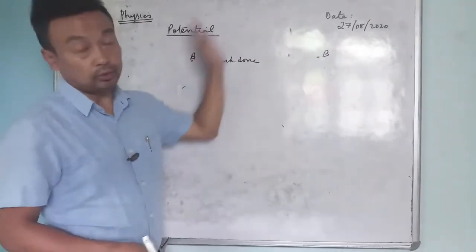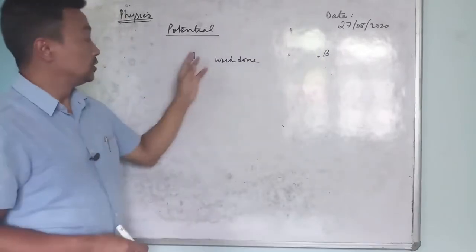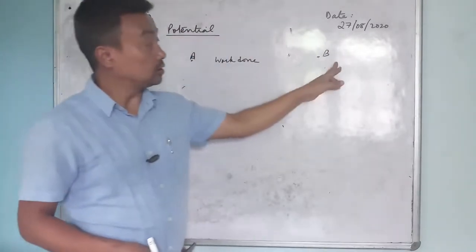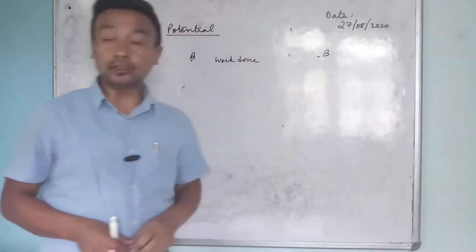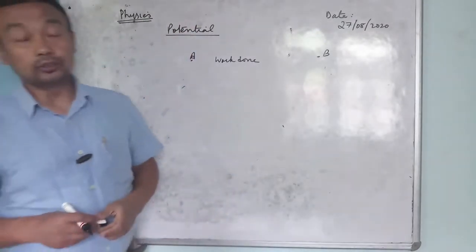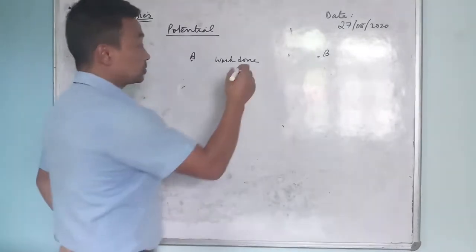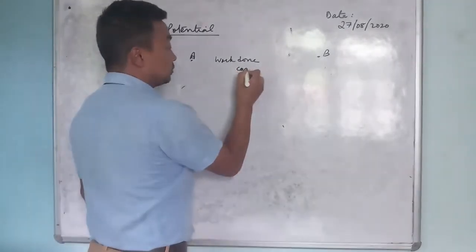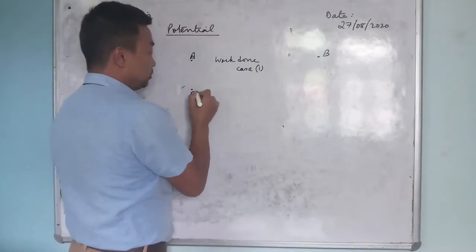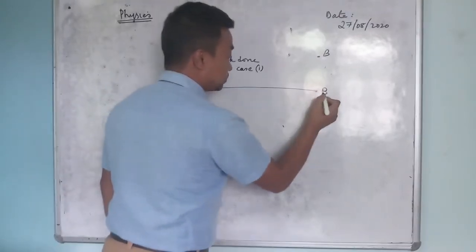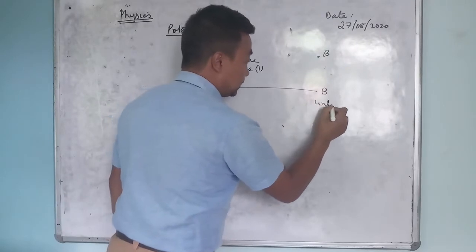So the key thing is work done. Since you are taking the charge to a region where a like charge is present, the work is done against the repulsive force. So this is your first case. In the second case, suppose you take a charge to an unlike charge.